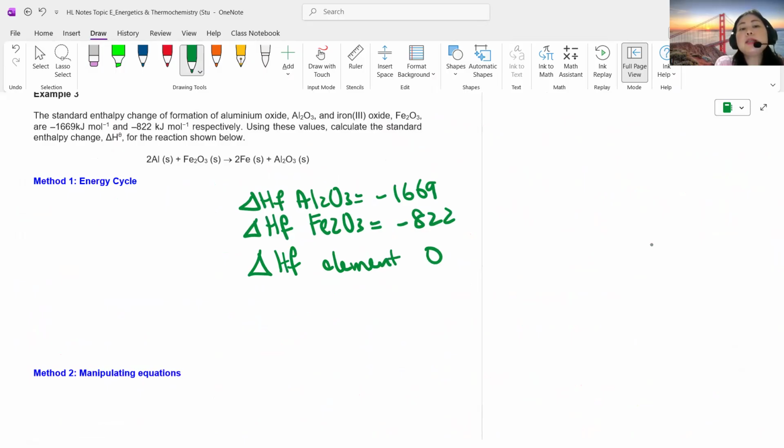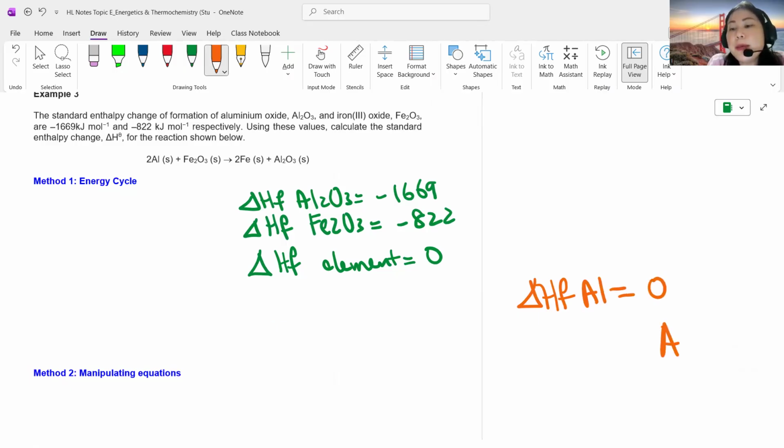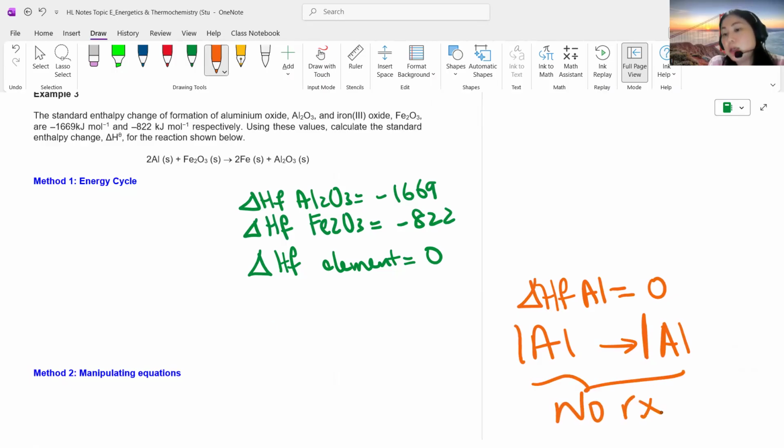Why? Because formation is forming one mole of that thing from its element. For example, ΔHf of aluminium is 0 because I am forming one mole of aluminium from the element aluminium. So there is actually no reaction, no change.